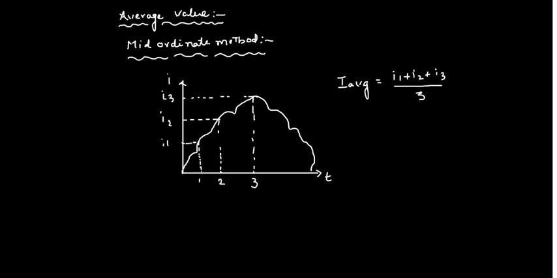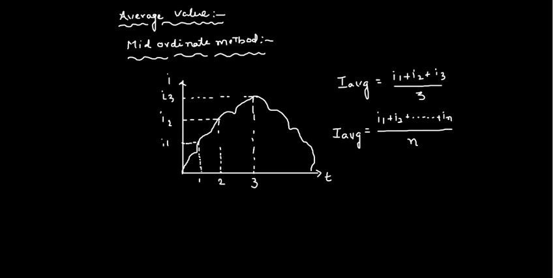If I consider n instants, then I average by the mid-ordinate method is I1 plus I2 and so on up to In, divided by n, the total number of instants.